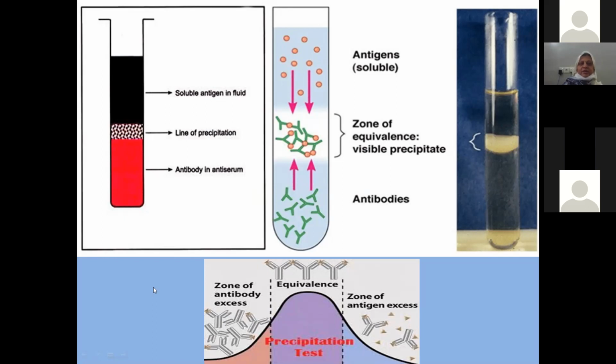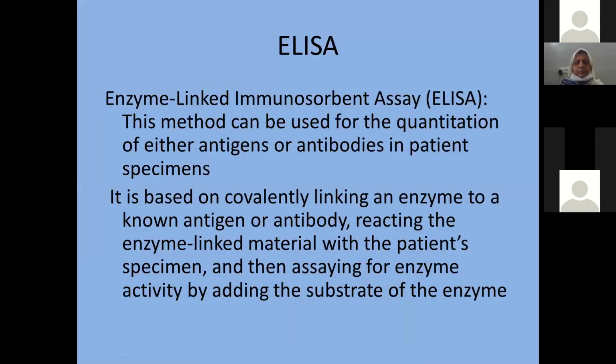This precipitation test can be done on agar plates also. The precipitate will appear on the agar plate. So there are various usages of these agglutination and precipitation tests in the diagnosis of various diseases in the laboratory.